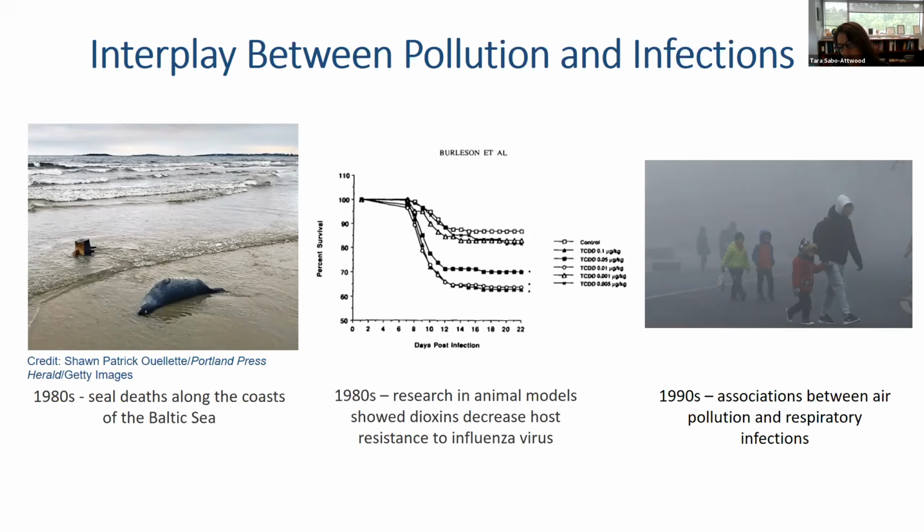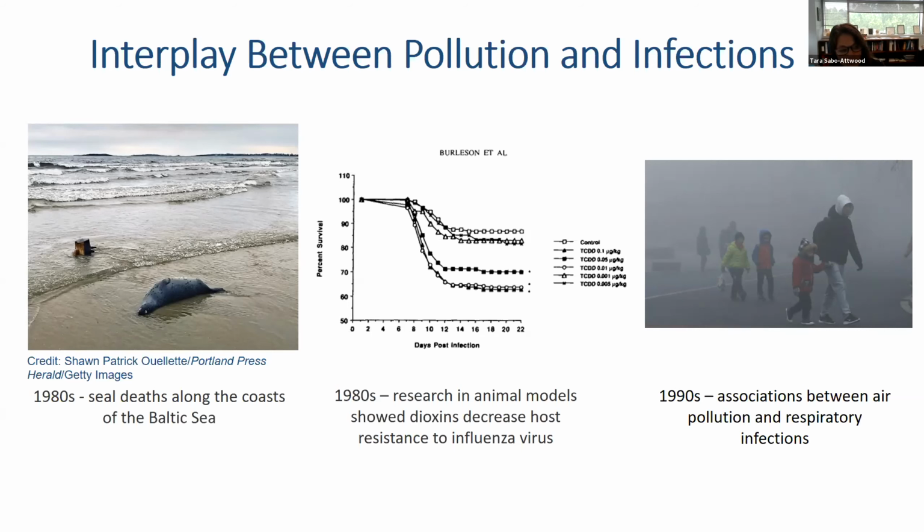In the 80s also, people started doing some work on research, particularly in animal models. And this middle panel shows work by Linda Birnbaum's group, where they were looking at the impact of dioxins, and one of them being TCDD, on host resistance to influenza virus. And what they showed was that the percent survival decreased when the animals were pre-exposed to the dioxins.